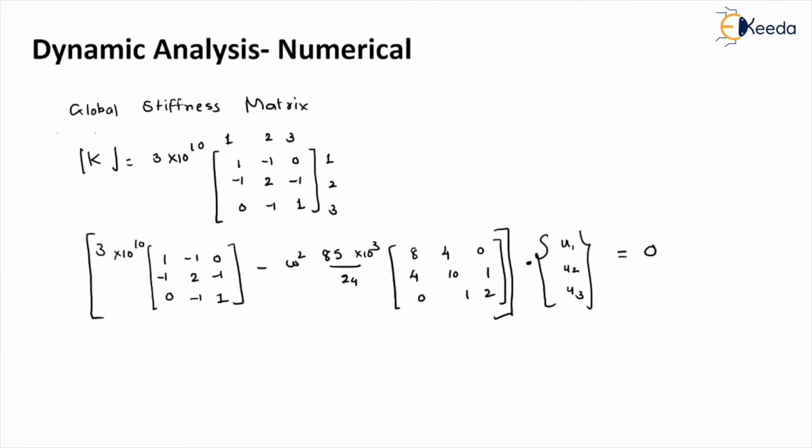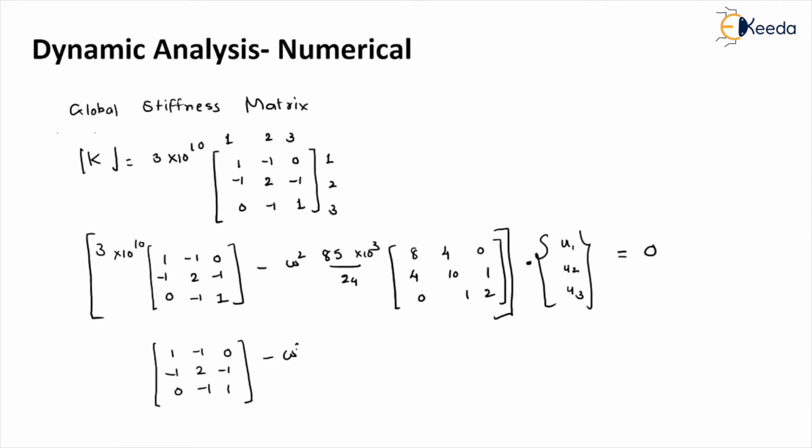So what we can do now is divide the whole equation by 3 into 10 raised to 10. So we have divided by the same value. Here 1 minus 1 0, minus 1 2 minus 1, 0 minus 1 1.